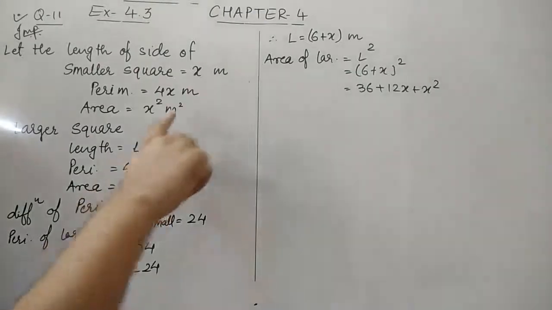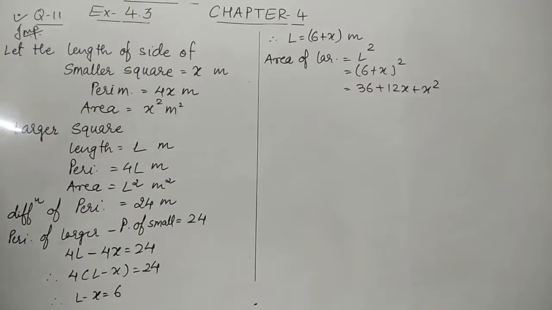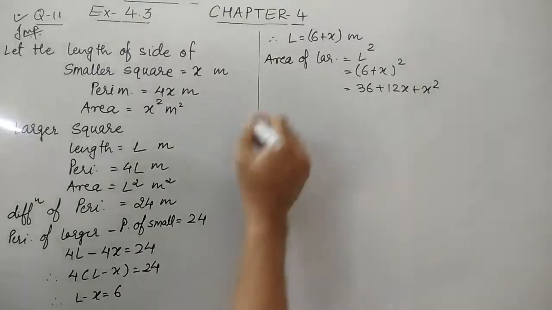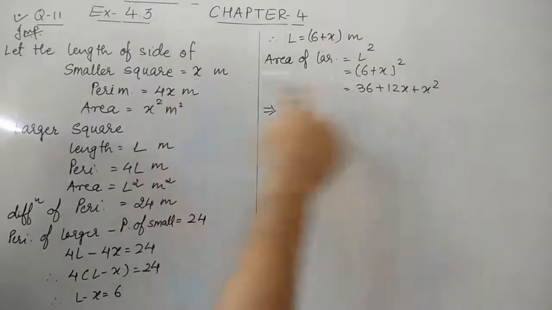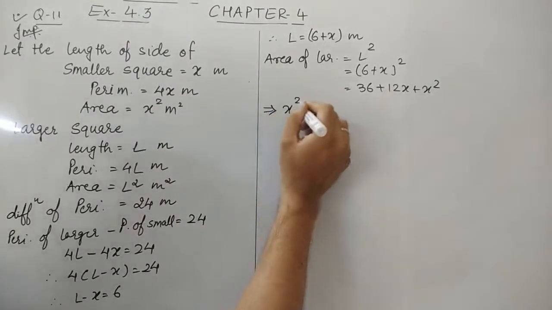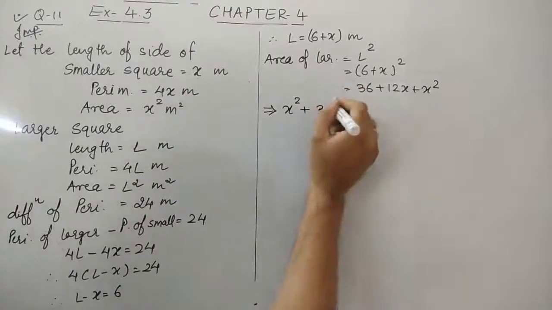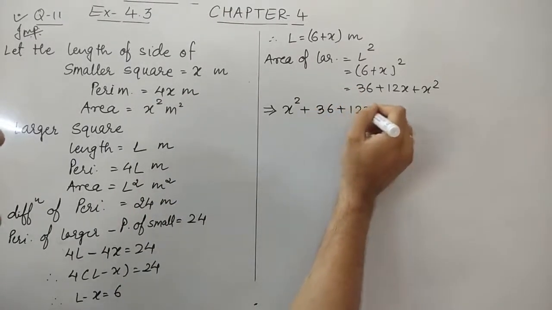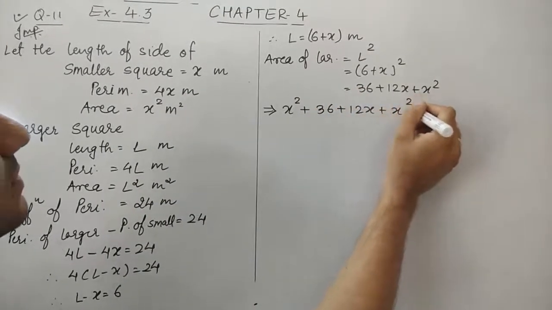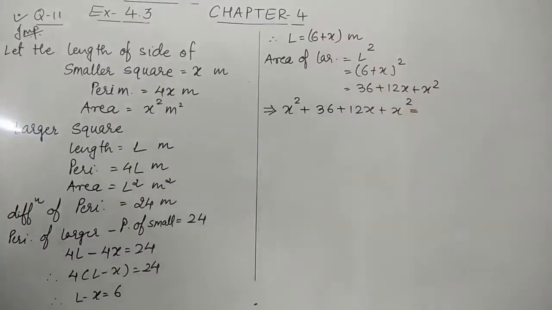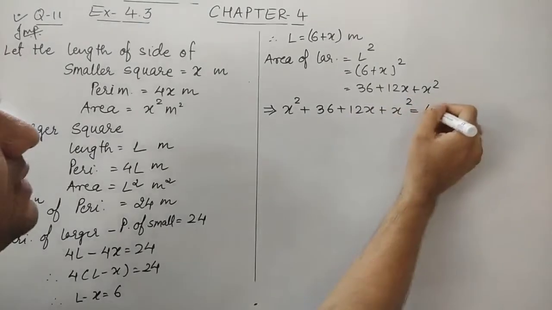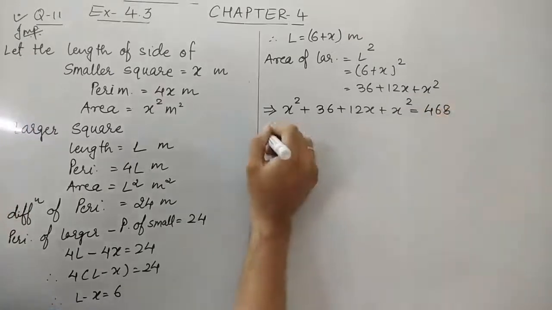Now we have to form the equation between these two. यहाँ पे क्वेश्चन ने दिया है from the very first statement, sum of areas of two squares. Sum, so it could be in any order. So this is the area of the smaller and this is the area of the larger. And the sum is given 468.